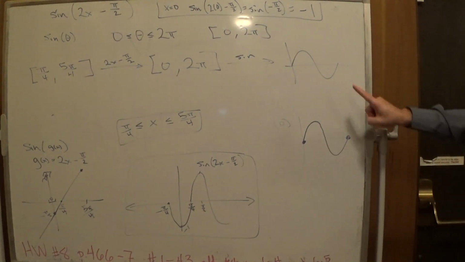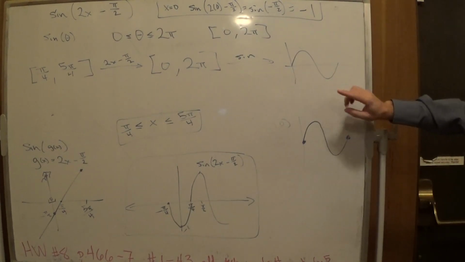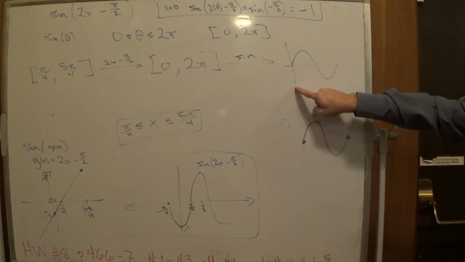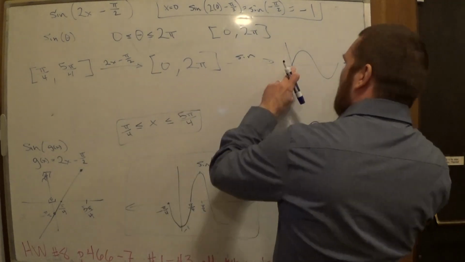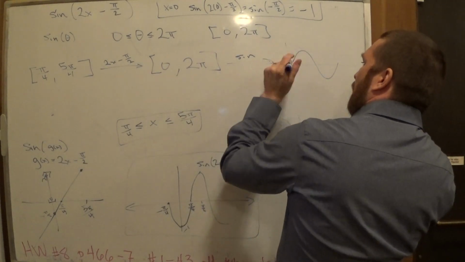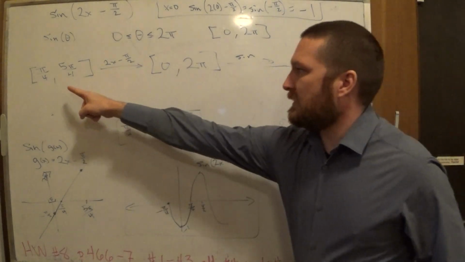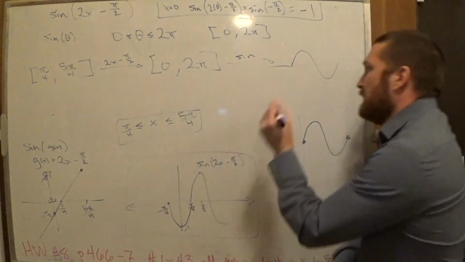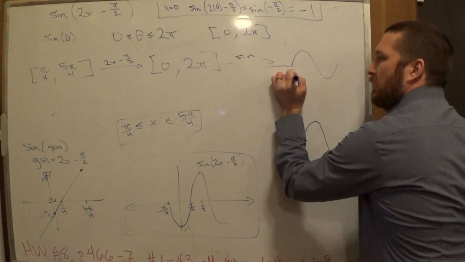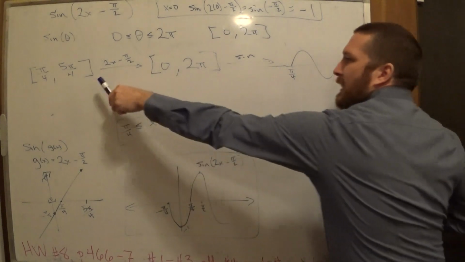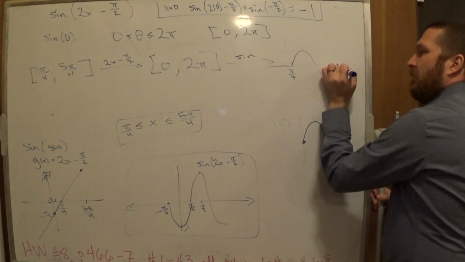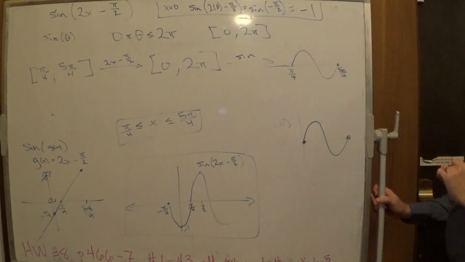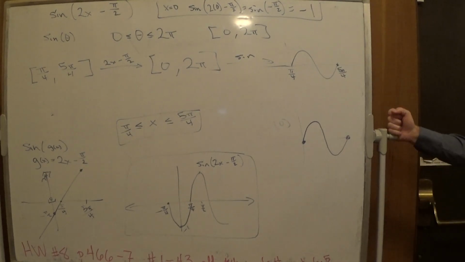The only problem, or what has happened though, is this isn't at 0 anymore. This point happens wherever this x value is. When x is equal to pi over 4, we're right there. And when x is equal to 5 pi over 4, that's what happens. Does that make sense?